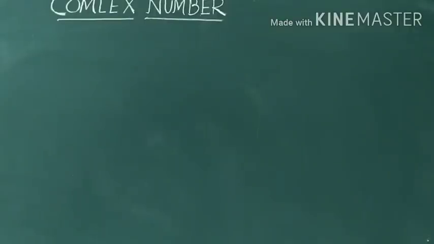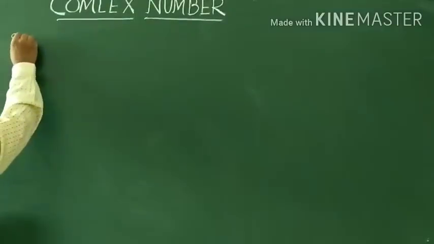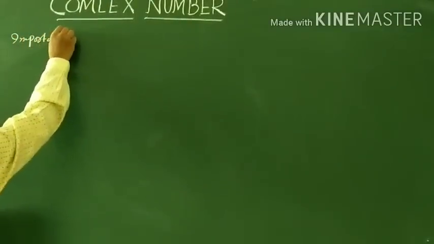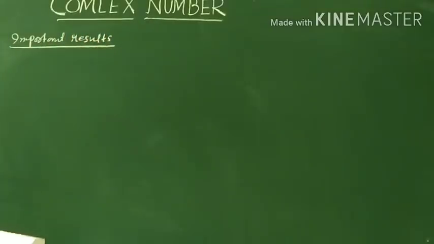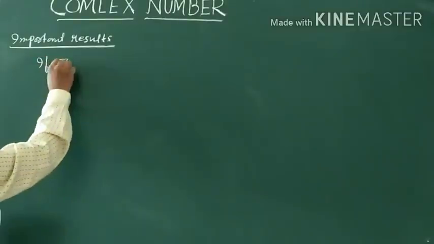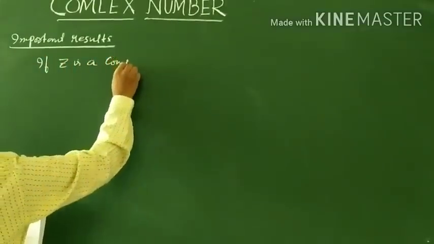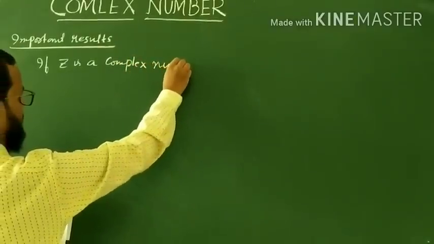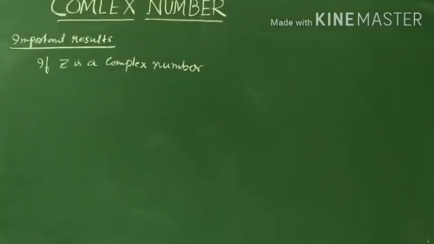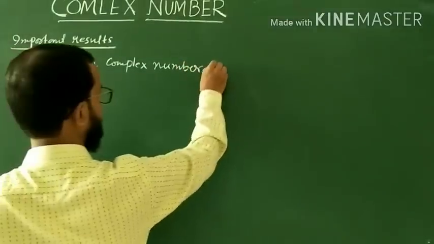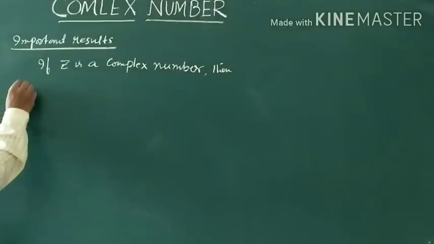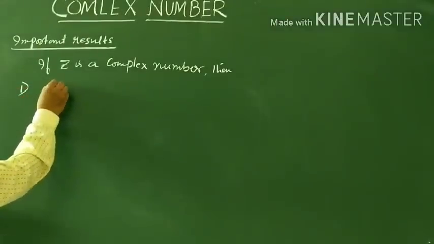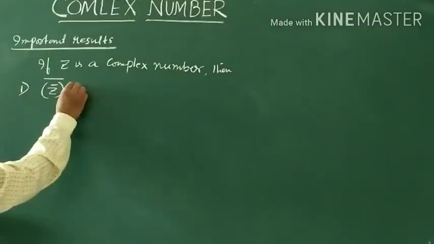It will be used in the questions to solve the questions. And the important results: if z is a complex number, then the first result, number 1, is that z bar whole bar equals z.